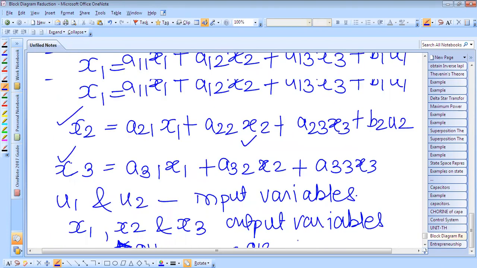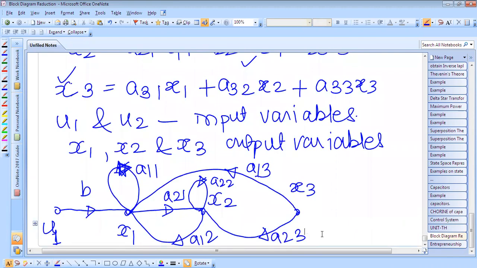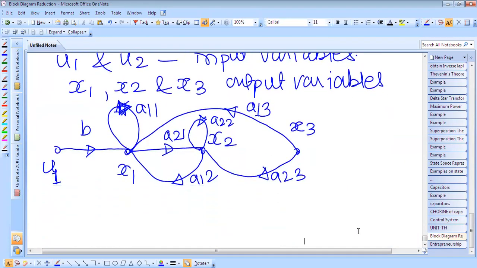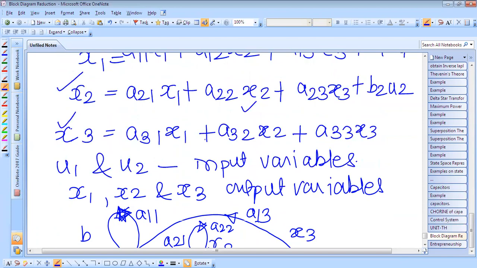And one more is b2 u2, where b2 is the transmittance and this is the input u2. So in this way we can draw the signal flow graph for the second equation, and the third equation remains.